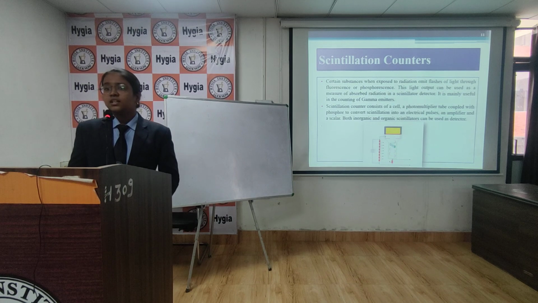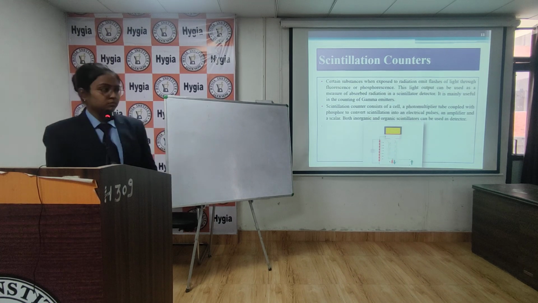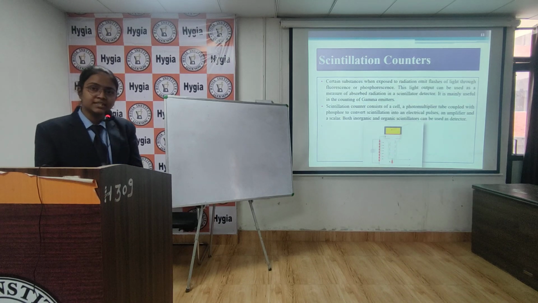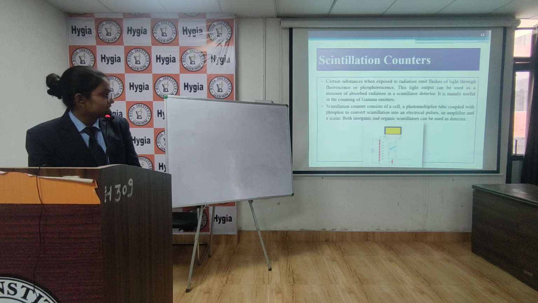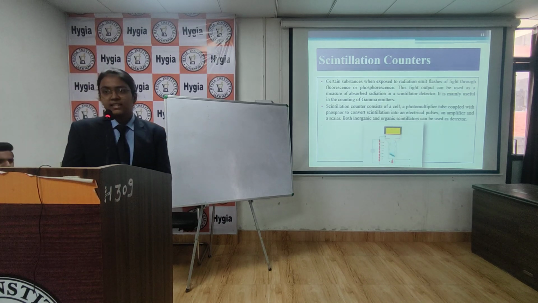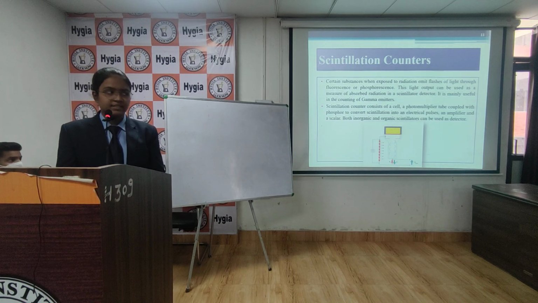The scintillation counter has a photomultiplier, which is coupled with a phosphor to convert the scintillation into voltage impulses, then an amplifier and a cell. We can use both organic and inorganic scintillator detectors.